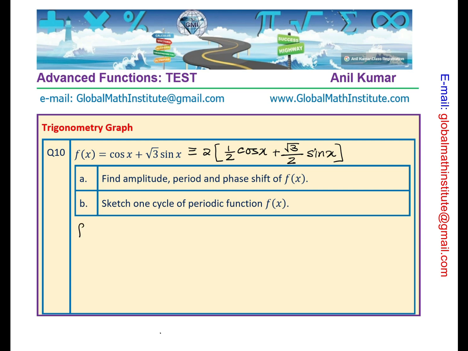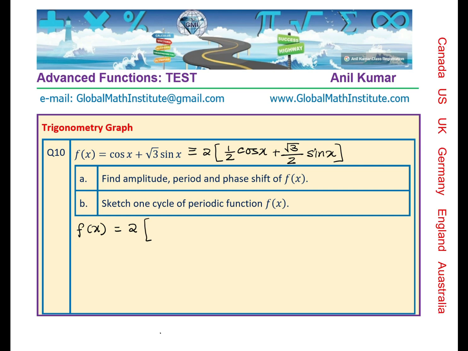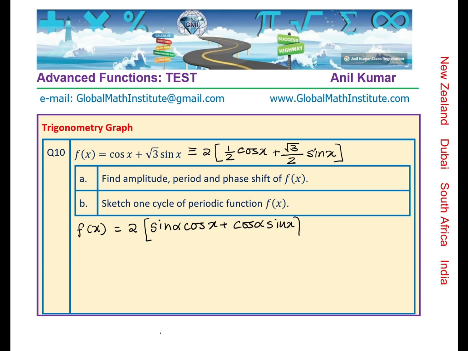So we wrote the function f of x as equal to 2 times half as sine alpha cos x plus cos alpha sin x, which is the same as 2 times sine of alpha plus x, or we can write x plus alpha, right?